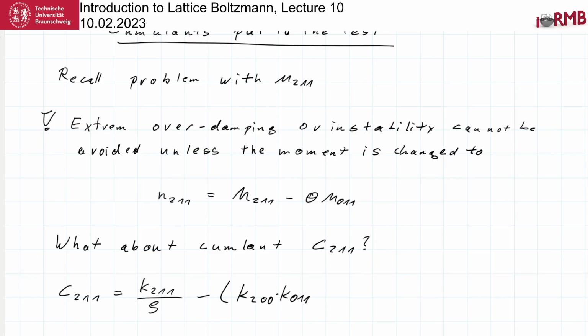We see in the transformation, raw moment to central moments, it was always linear in any higher moment than the first moment. And the cumulants, this is a polynomial in all moments. Yeah? This is now K200 times K011. This never happens with moments, but it happens here with cumulants. Okay? Plus 2K110 times K101, and this divided by rho square.